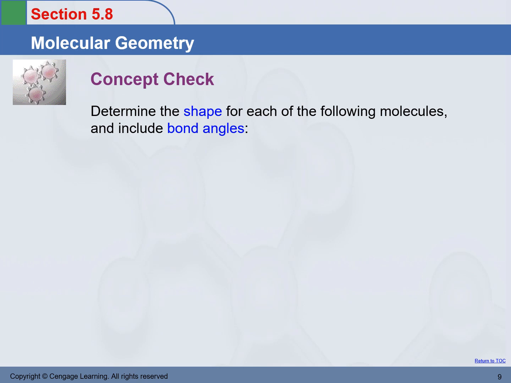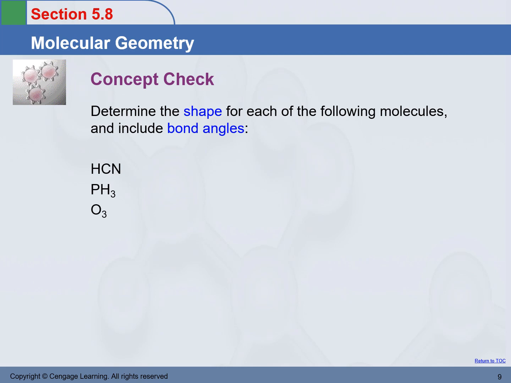All right, we have gone through a lot today. Let's do some practice. Determine the shape and angles. Focus on the shape. If you can't predict the angles, look at the answer key later, and hopefully go over the previous couple of slides. You'll be able to answer that. But your job is to figure out the shape and the bond angles for these 3 molecules.